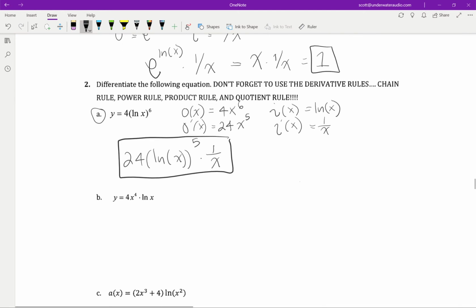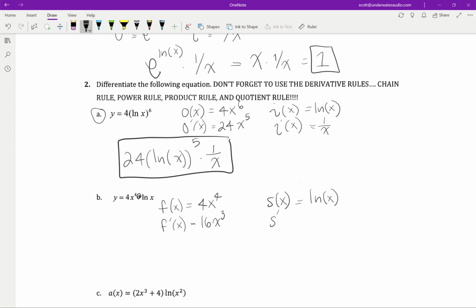Okay, so part B is a product because there's a multiplication symbol right there. So I have a first function, which is 4x to the 4th, and then a second function, which is just natural log of x. The derivative of the first is 16x cubed.